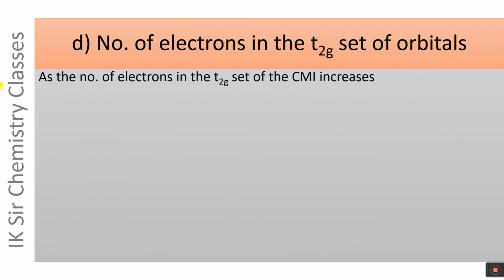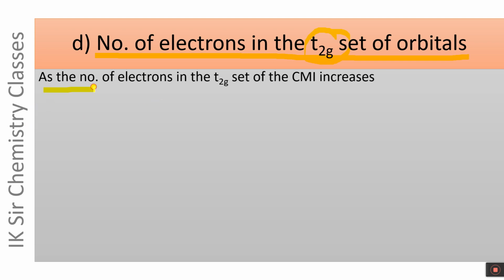And the fourth factor affecting CN stretching frequency in metal cyano complexes is the number of electrons in the t2g set of orbitals. We have seen earlier that during the formation of metal to CN minus pi bonding, the electrons present in the t2g set of the CMI are involved.